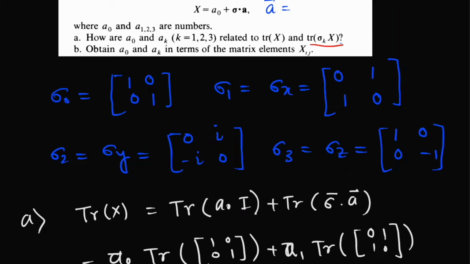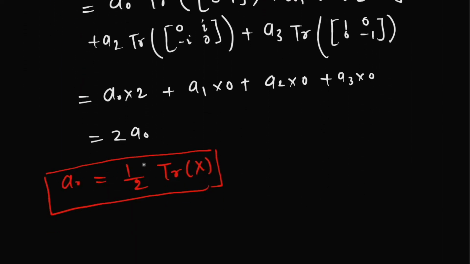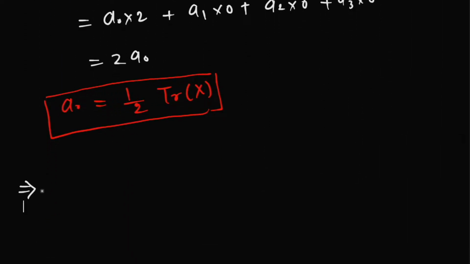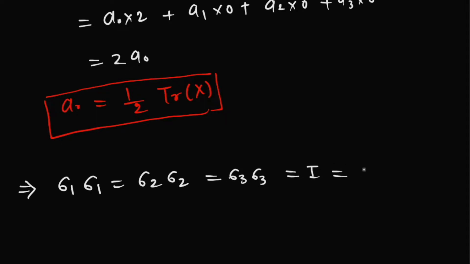Before solving the second part of question A, let us see some properties of these sigmas. First property: sigma 1 times sigma 1 equals sigma 2 times sigma 2 equals sigma 3 times sigma 3 equals the identity operator, sigma 0.